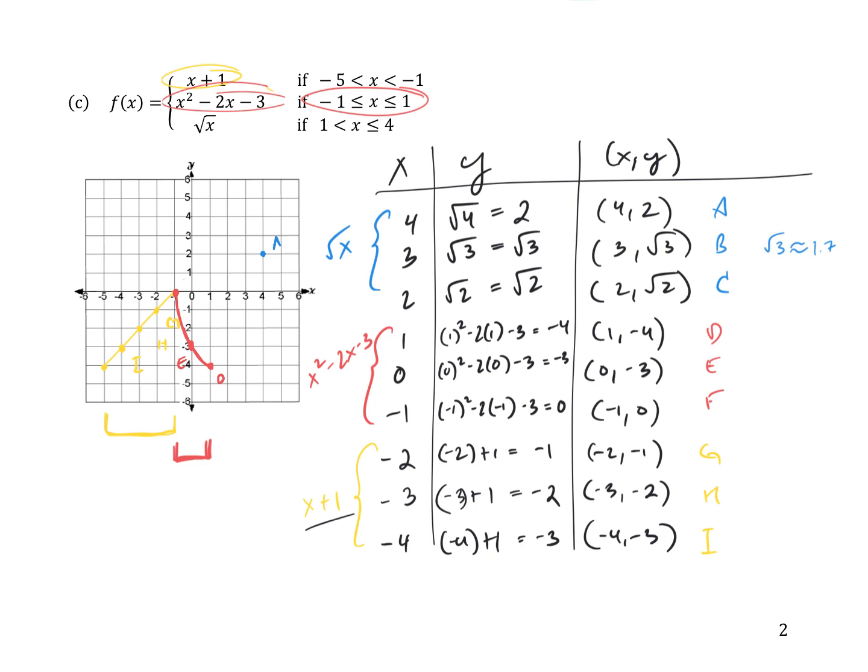And the square root of 2 is going to be approximately 1.4. So again, just a wee bit above 1. So 3 root 3 is going to be about here. That's B. And then 2 root 2, it's going to be about here as well. Actually, that one would be a little higher. Again, just an estimate.